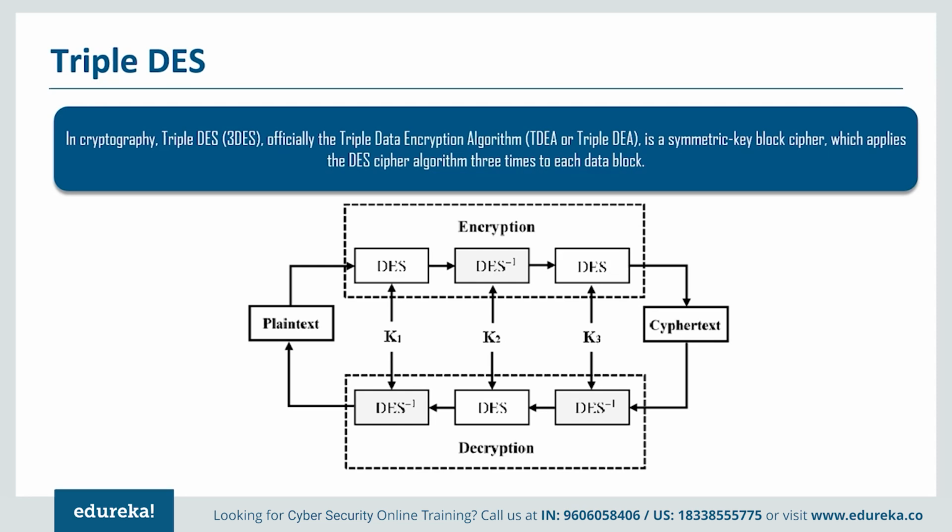But it doesn't really yield a 168-bit key size, because in effect, it's basically 56-bit keys being used thrice, whether they be three different keys. So in effect, you could say that it's a 168-bit key, but it is not the same strength, because people realized that Triple DES can be easily broken.